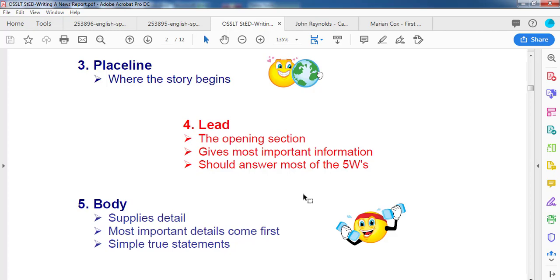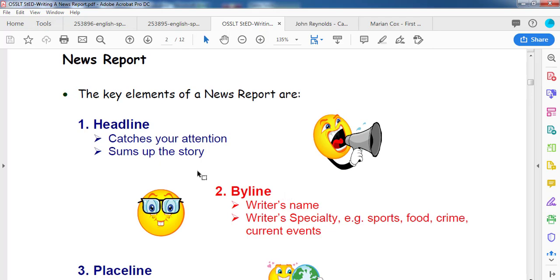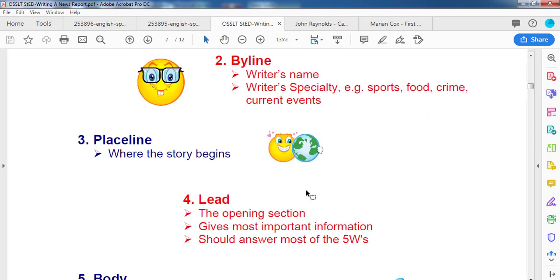If you are a reader and you are holding a newspaper inside your hand, for sure you will not read the whole newspaper. You don't have the time. So usually you will catch up with the headlines. This is why it is very important to have a catchy headline, okay?